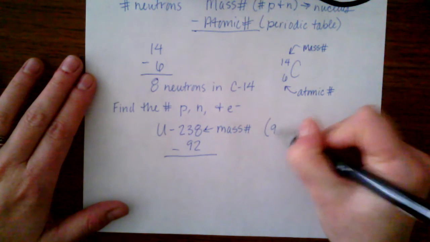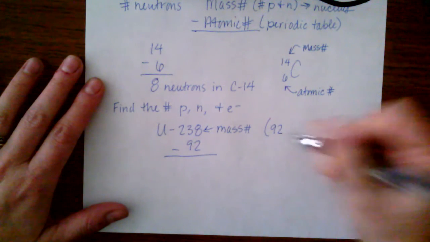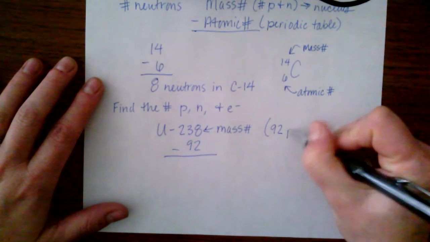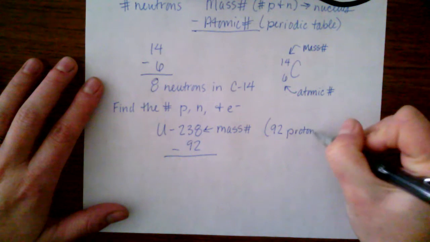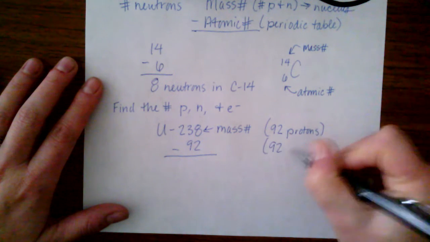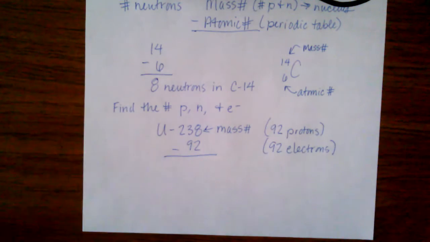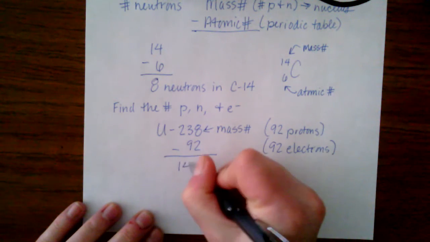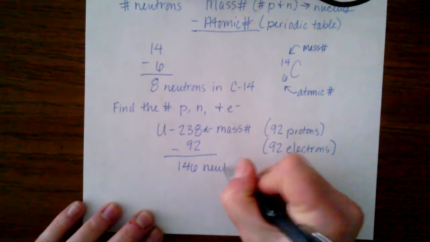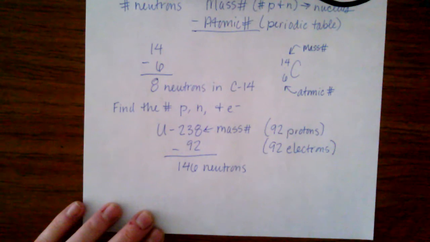Now 92 is also going to be, the atomic number will also be the number of protons that it has. It will also have 92 electrons. Remember, protons are positive, electrons are negative. So in any atom from the periodic table, you should have the same number for protons and electrons. So we're going to take 238 minus 92, and that gives us 146 neutrons in that isotope.